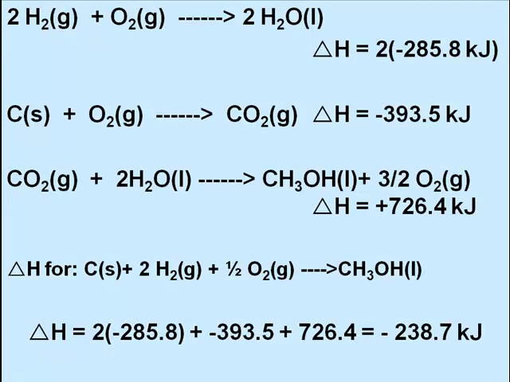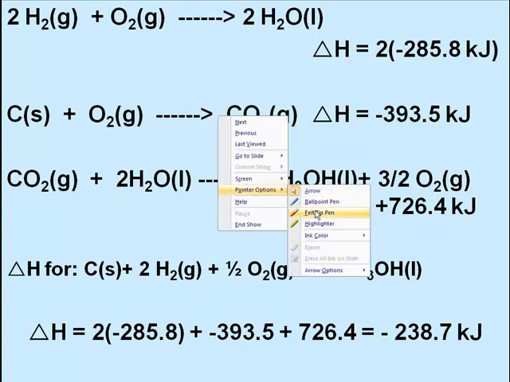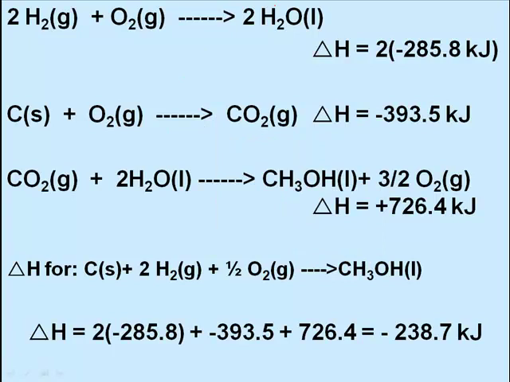So when you rearrange it, doubling it, reversing the equation, here you get your CH3OH, your O2s, you have one O2 left over on the left, your H2s, you've got 2 H2s left on the left, 1 C. Everything else should cancel. So just to make sure, if you set it up right, everything else should cancel. So we've got our 2 waters on the right. They cancel out the 2 waters on the left.